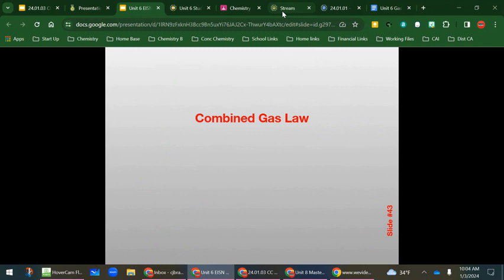Okay. Now, combined gas laws. Combined gas laws came about because what are the chances of always holding 2 things constant? Not good. Sometimes 2 things are going to change, or 3 things are going to change instead of just 2. So now we have what we call the combined gas law.